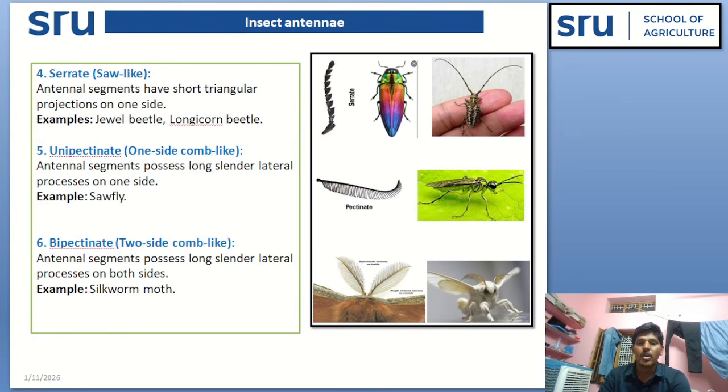Serrate or saw-like antenna is there in jewel beetle and longicorn beetle. Unipectinate antenna, that is one-sided comb-like antenna, is there in sawfly. Bipectinate antenna, two-sided comb-like antenna, is present in silkworm moth.